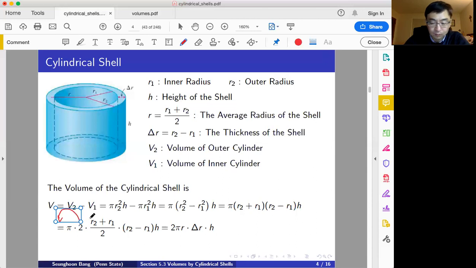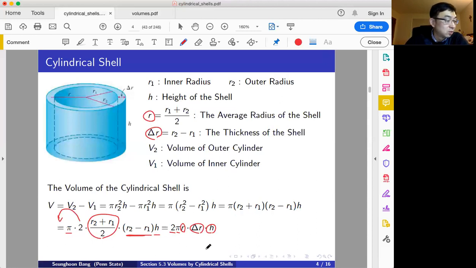Take out 2 here, and pi. R2 plus R1 over 2 is R. We can replace. The R2 minus R1 is the thickness, delta R. The H is here.